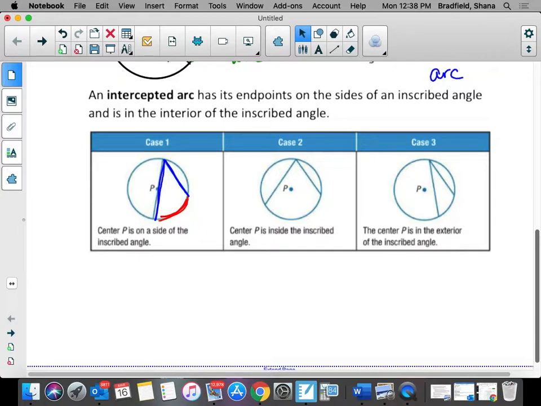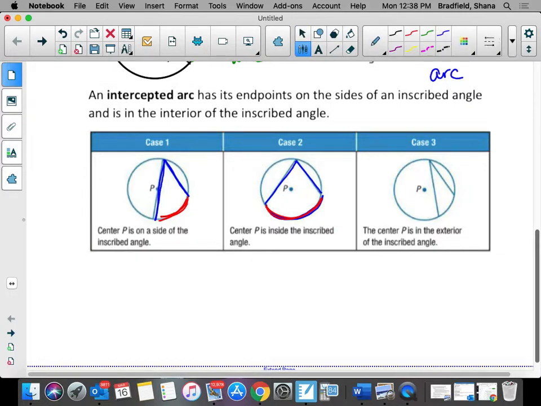Another scenario, in case 2, is where we have an inscribed angle with its vertex on the circle, but you can see that the center is inside the angle, between the two rays, and then we have an intercepted arc there.